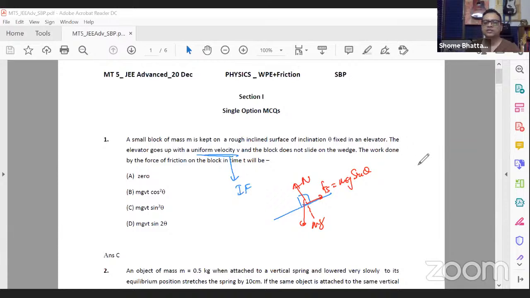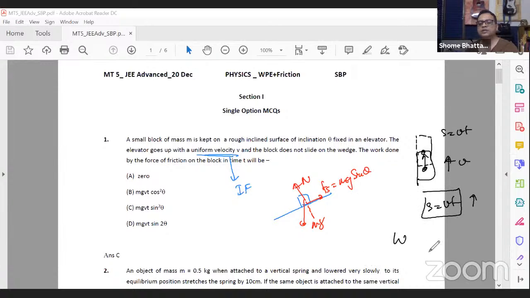Now what is happening? The whole lift is moving upwards with velocity v. So after some time, when the lift has made a displacement of Vt, the block has also made a displacement inside the lift of Vt. So displacement will be Vt upwards. Okay.